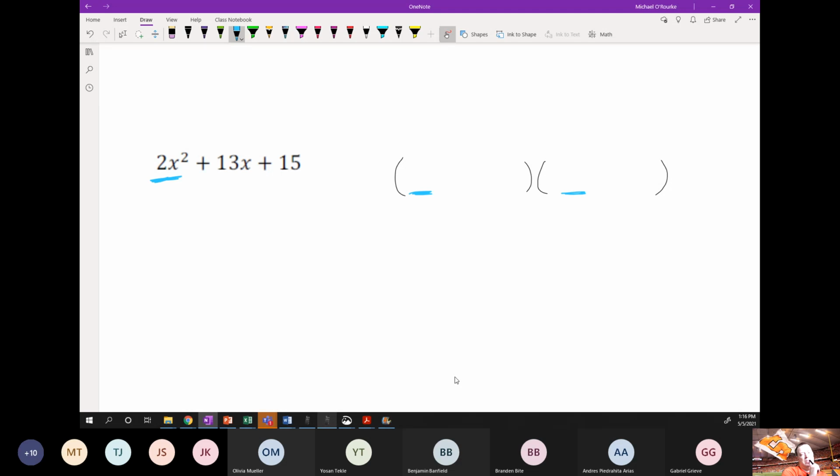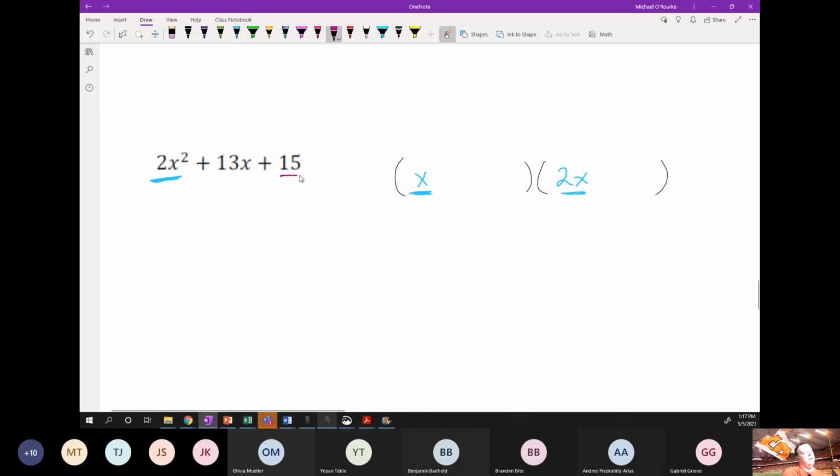Can anyone tell me? One times two, 2 times 1, perfect. So let's do x times 2x. Perfect. So we know that works.